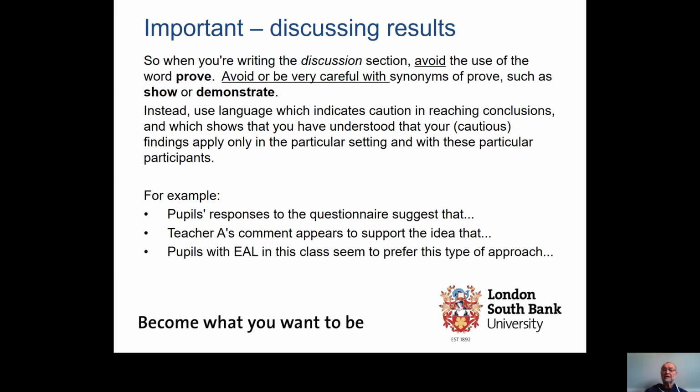So use language which indicates caution in reaching conclusions, and which shows that you have understood that your cautious findings only apply to a particular setting or to those particular participants. So what you're trying to do in your discussion section is demonstrate that you understand that what you have found, your conclusions, are cautious.